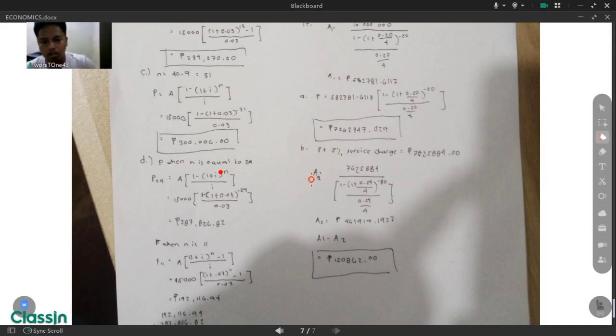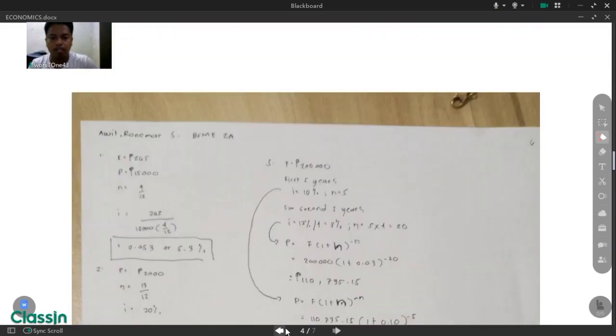So that would be our P. Here, since I'm following the same formula as letter A, since it's already derived, and our N, following the N of the payment, is 16.